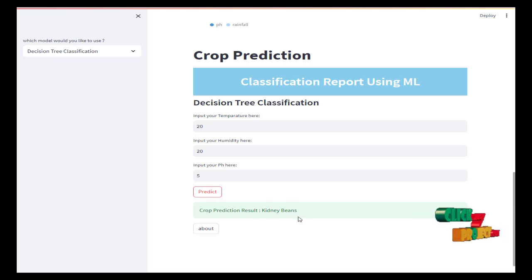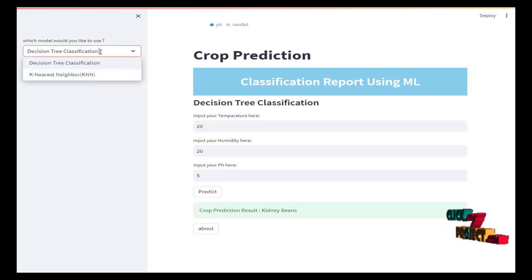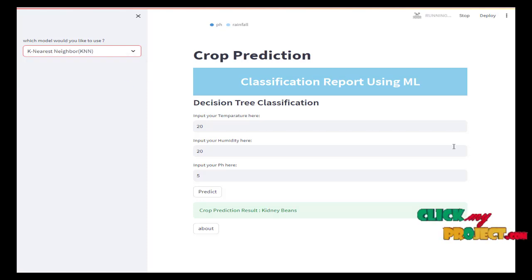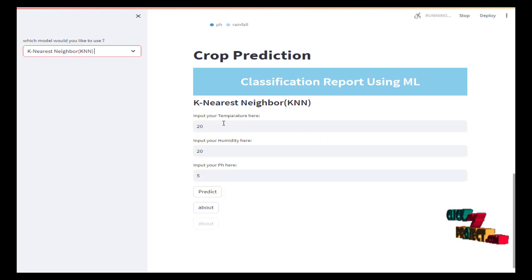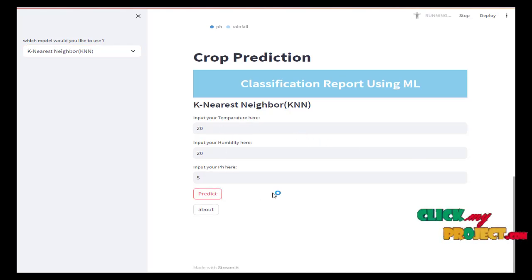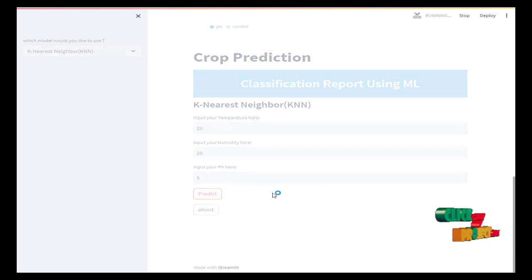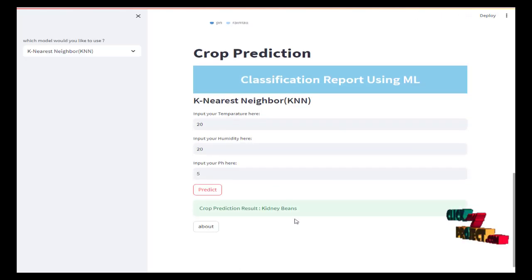This is kidney beans, and then this is KNN. With the same KNN, we predict the same values. This is the same.